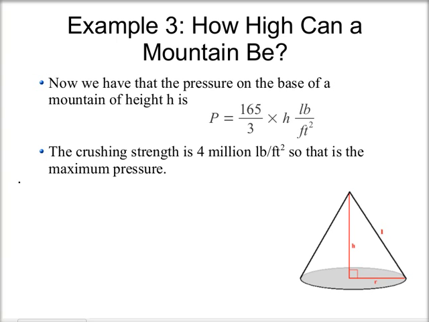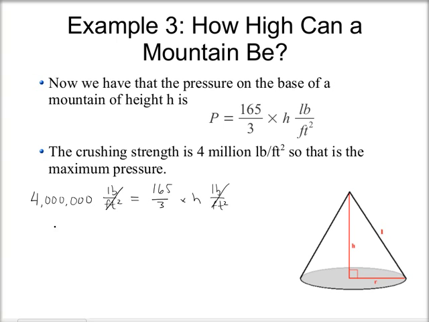So to find the maximum height, I'm going to set P equal to my maximum pressure, so 4 million pounds per foot squared is going to be equal to 165 divided by 3 times h pounds per foot squared. And if I divide by 165 over 3, I notice that I've got pounds per foot squared on both sides here, so I can just cancel those.